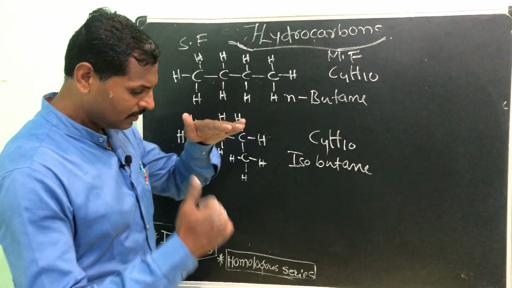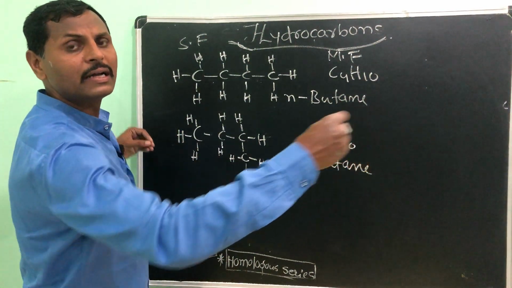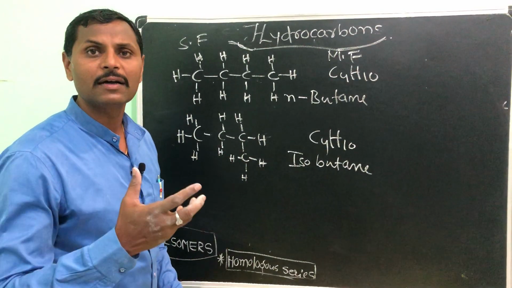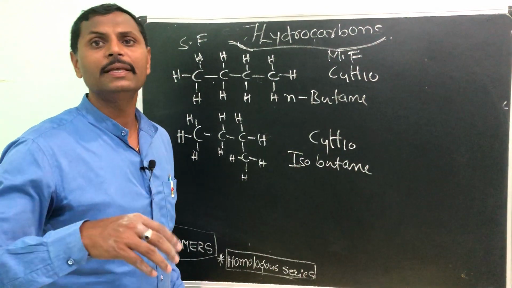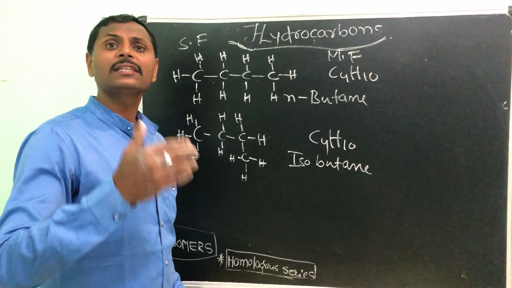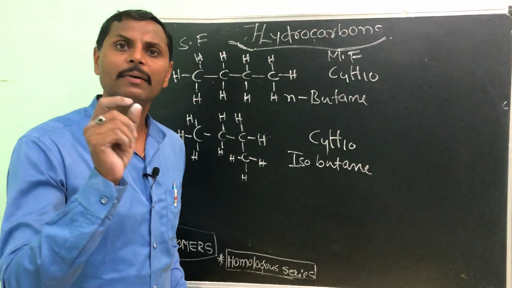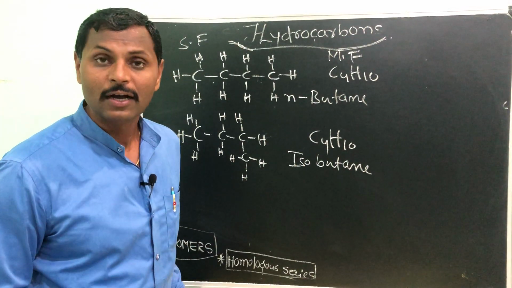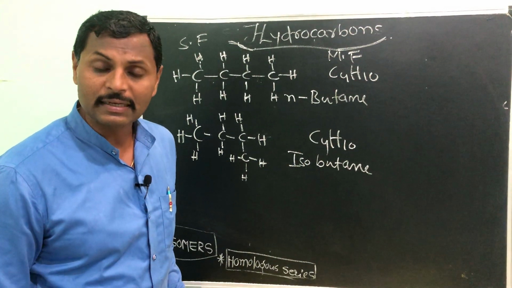Whenever the number of carbons and hydrogens increases and the chain becomes long, the mass of that molecule becomes more, it becomes heavier. At that time the states of the compounds: methane gaseous state, ethane gaseous state, propane gaseous state, butane gaseous state, pentane gaseous state, like that.